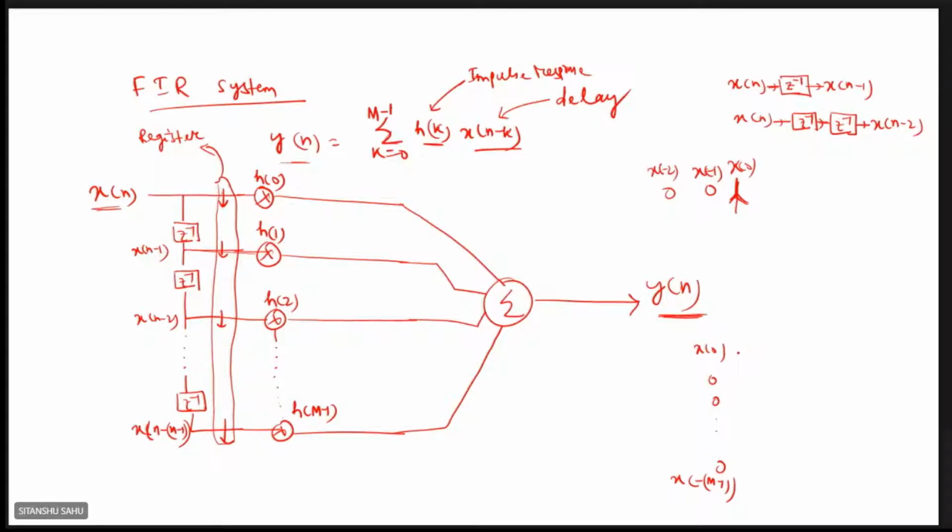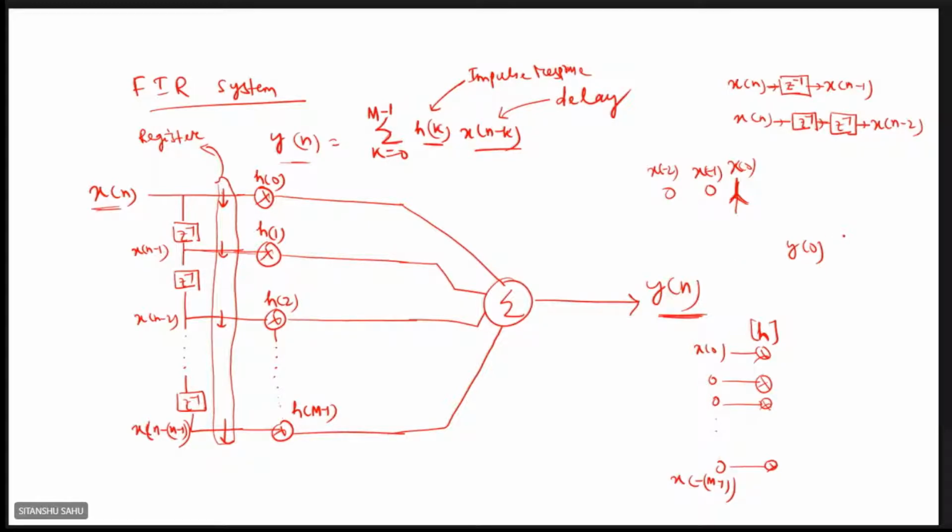And then it will go on multiplying with its corresponding h values. This is my h of n, right? Once you multiply, then go on adding. That will give you the y of 0. Getting the idea? Yes.